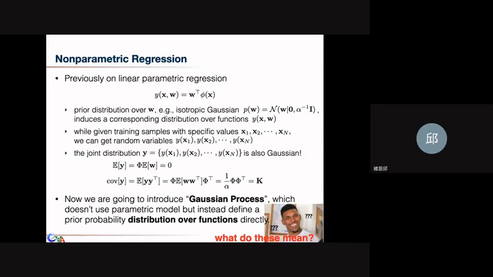So if you always keep this intuition in mind, it can definitely help you understand the idea of the Gaussian process. Once you have this intuition, it's actually quite easy to understand the Gaussian process.